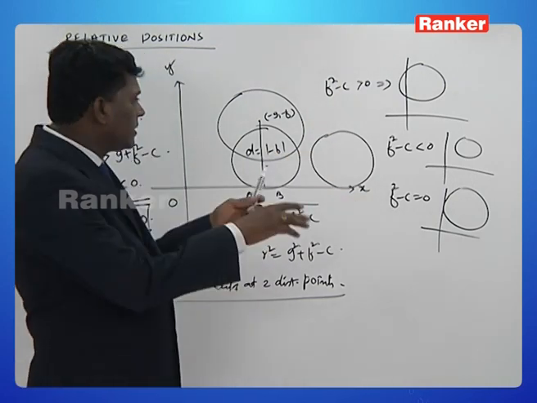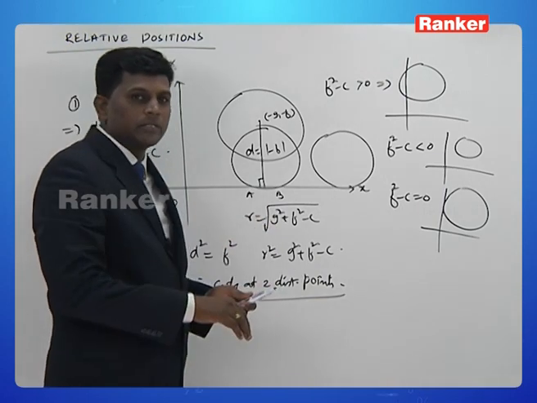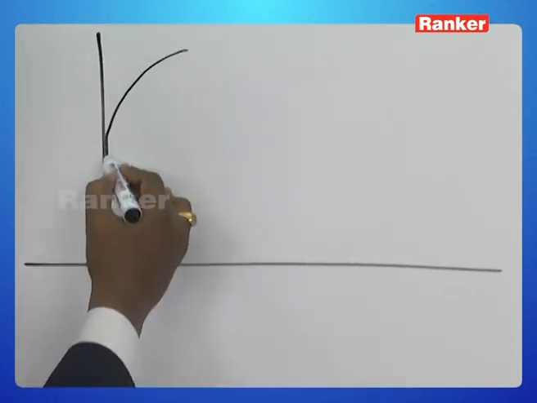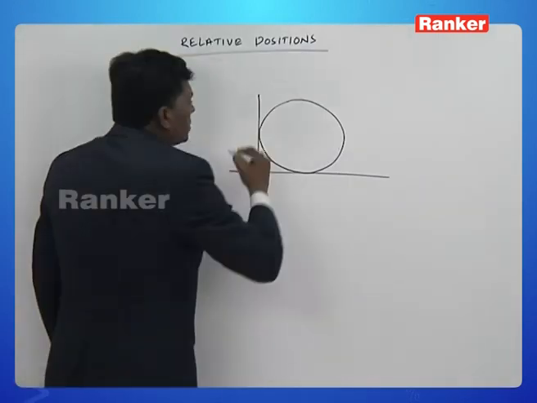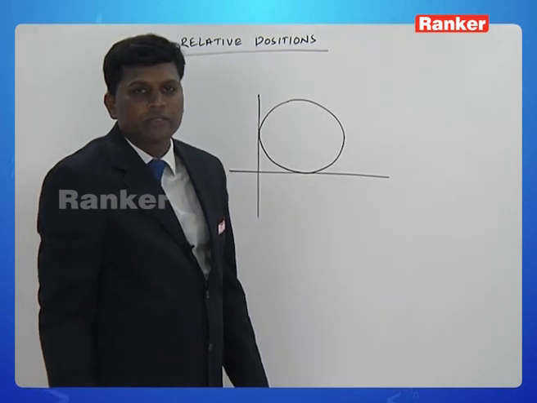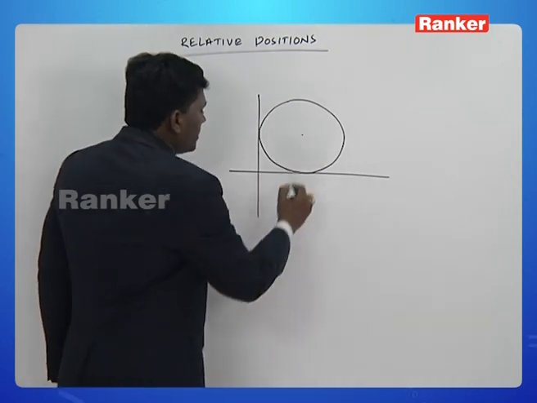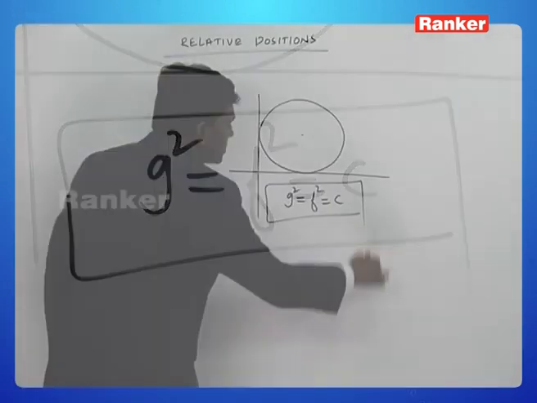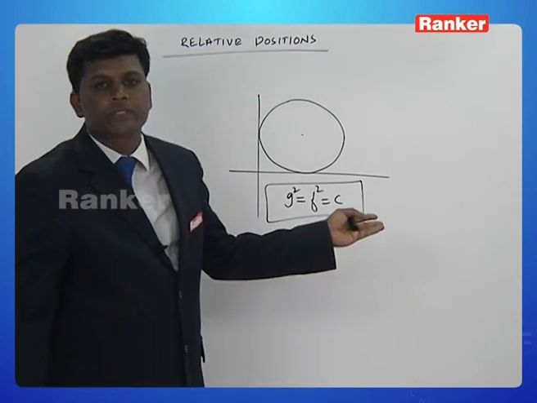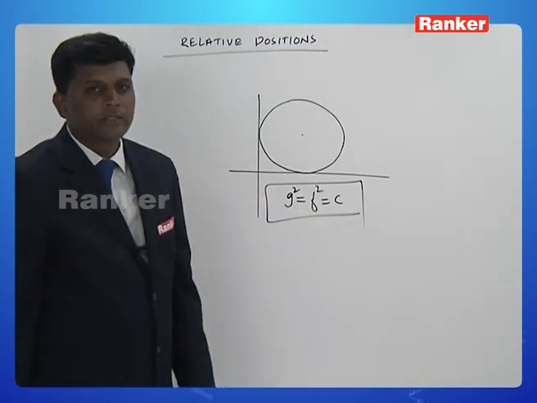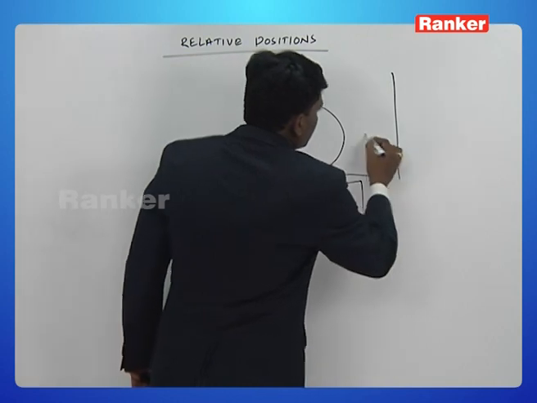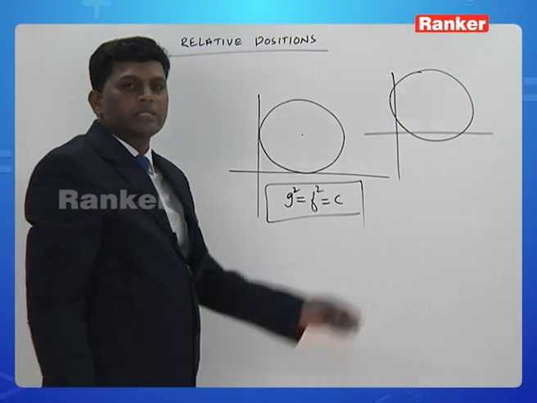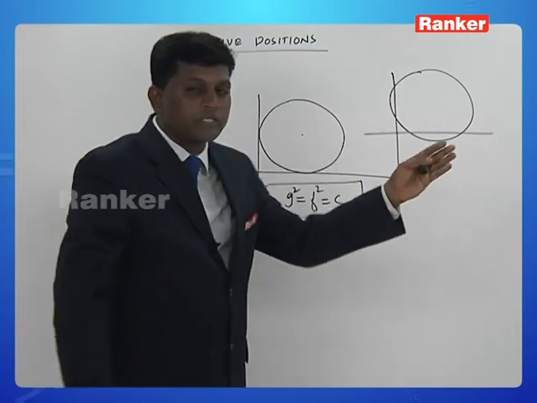Here, overall idea, if a circle is touching both the axes, x and y axis, simultaneously, in this case we get the conditions g square equals c as well as f square equals c. Then we get the condition g square equals f square equals c. Suppose a circle is like this, it will cut the x-axis as well as the y-axis at two distinct points each.